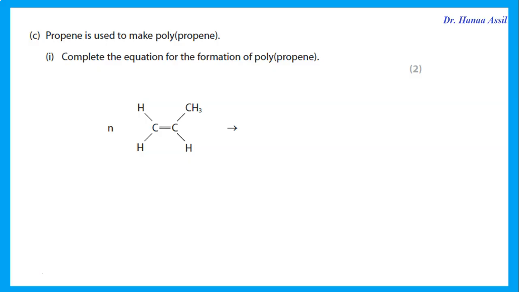When we do polymers, the double bond becomes single, and we put a new bond on the right, a new bond on the left to join them to other molecules like itself on both sides, and then we complete each carbon with whatever was attached to it in the beginning. Of course, this is what we call a repeat unit, so this has to be repeated n times, and that is what we call polypropene.